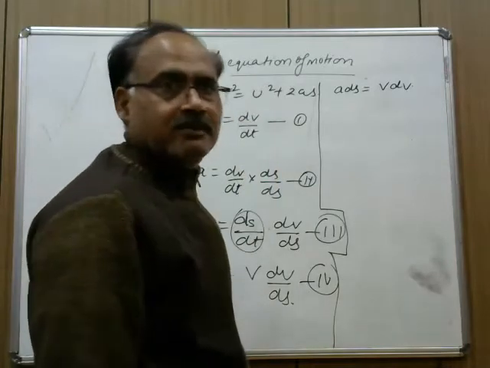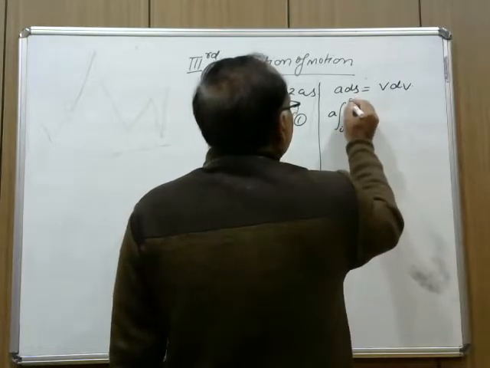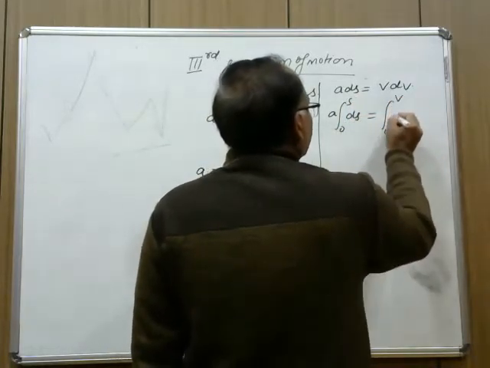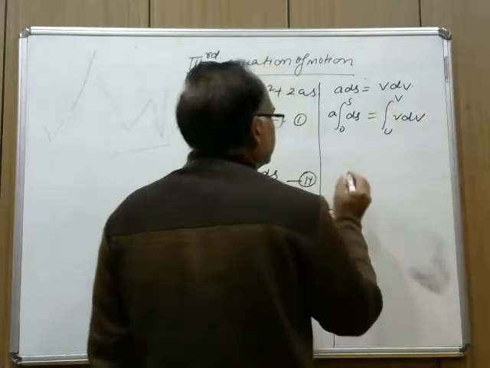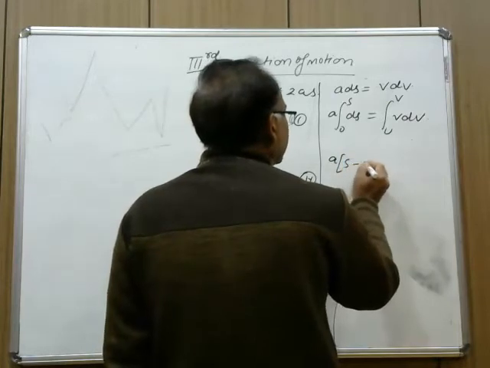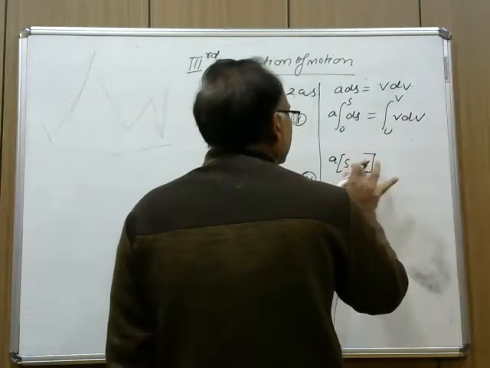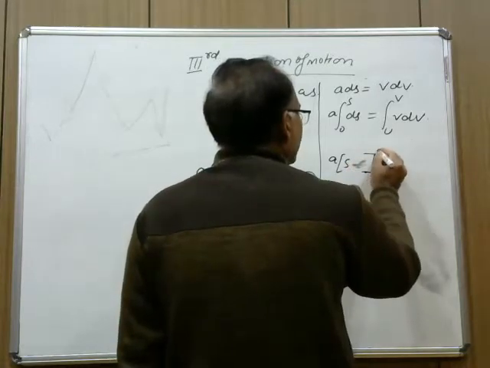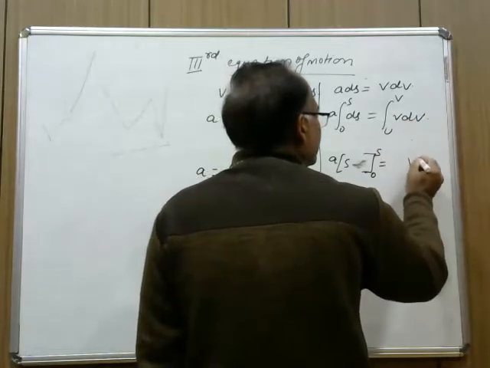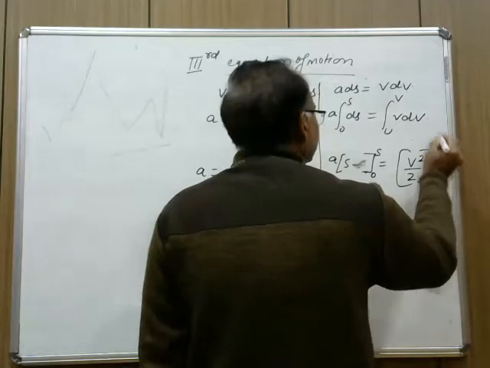Now impose proper limits. A integral 0 to s ds is equal to u to v dv. Now we can write here as a s minus 0. I am writing directly, or you can write here in form of limits, that is 0 to s. Integration of this v dv is v square by 2. From same formula, this is u to v.